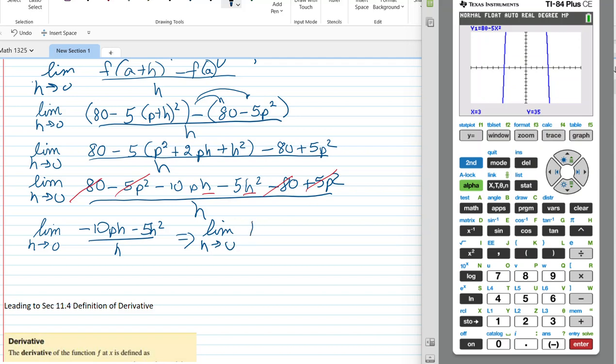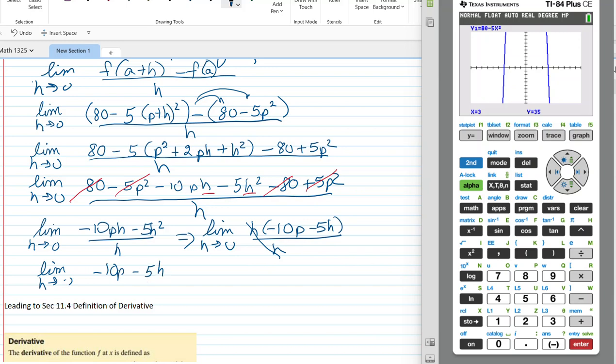I'm going to factor out that h over h, because we can't have 0 in the denominator, so the h's always cancel out. If the h's do not cancel out, then you have a problem, Houston. Got to go back and look at the math. So it is a negative 10p minus 5h.